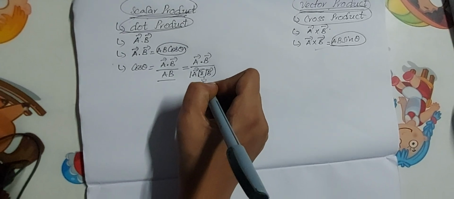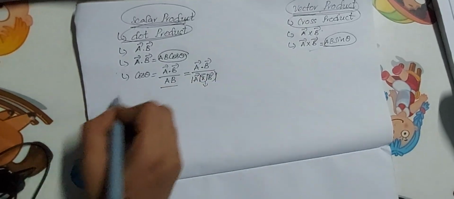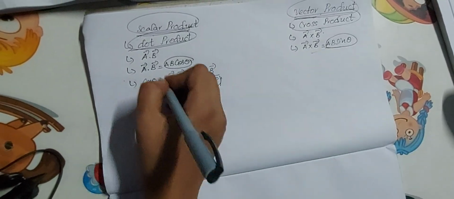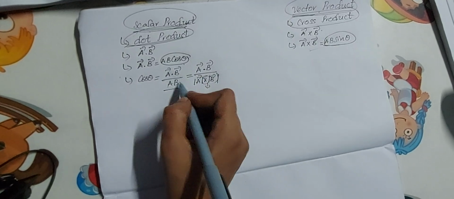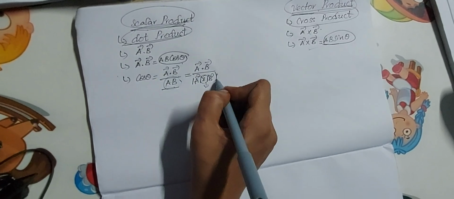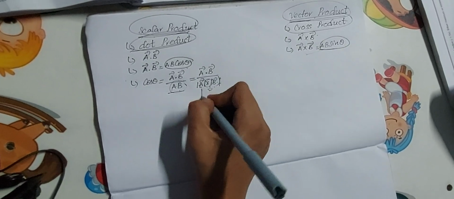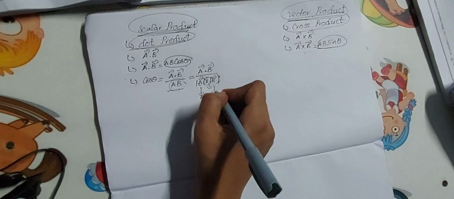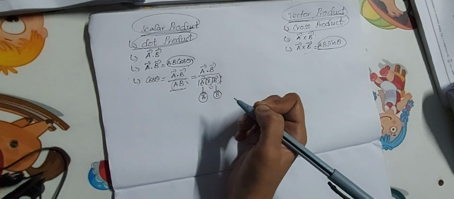It is just a multiplication symbol I have written for better understanding. So cos theta is equal to a bar dot b bar by AB, where AB is the magnitude of both vectors individually. The magnitude we got for A should be multiplied by the magnitude of B. Only the magnitudes we have to consider.